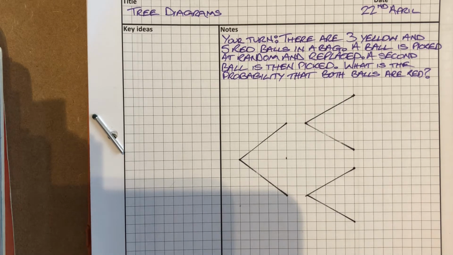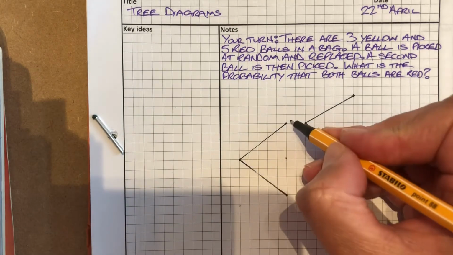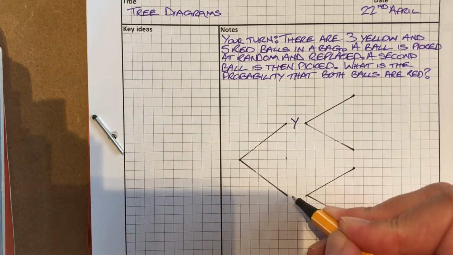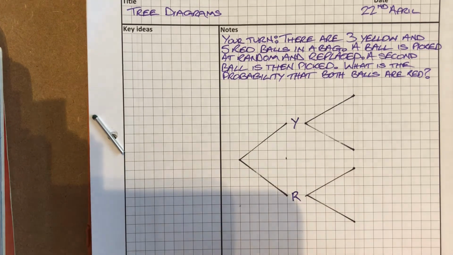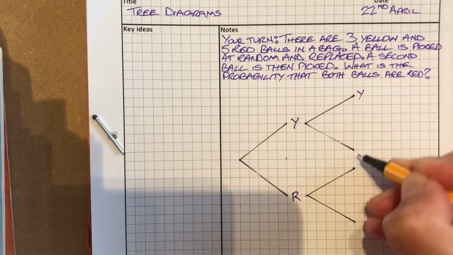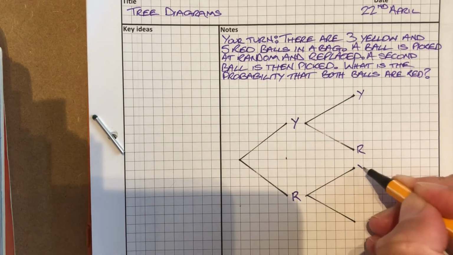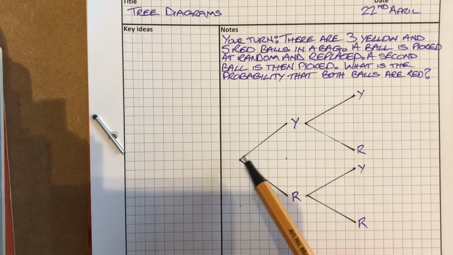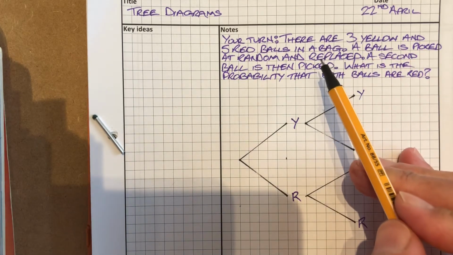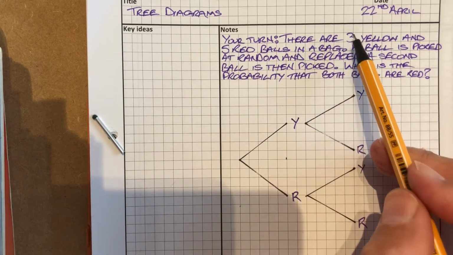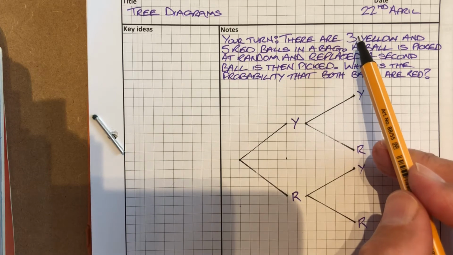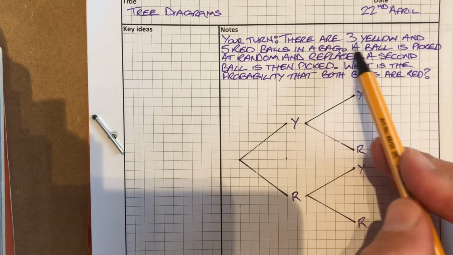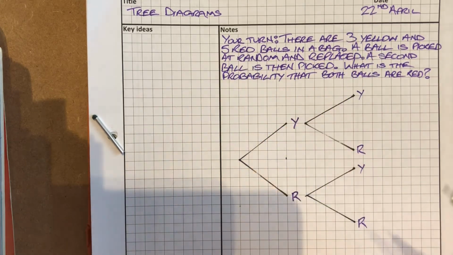Right, so first choice is either a yellow or a red, and the second choice is either a yellow or a red. Now, when I choose that first ball, it's 3 chances of being yellow, 5 chances of being red.